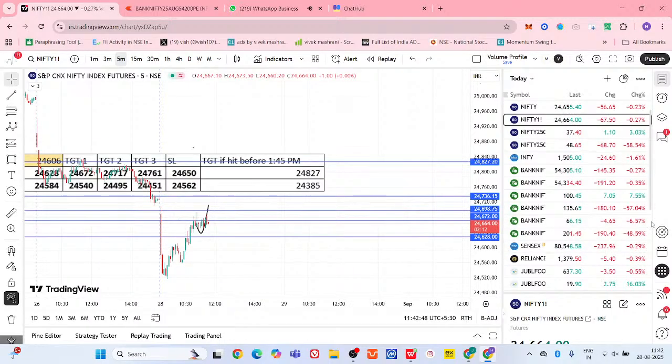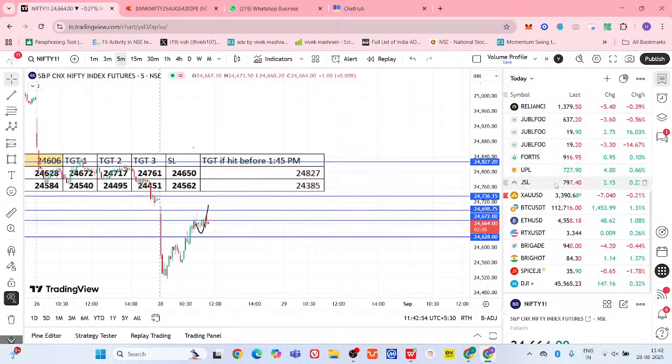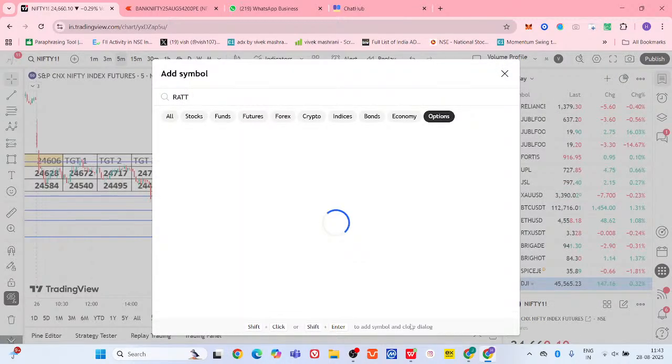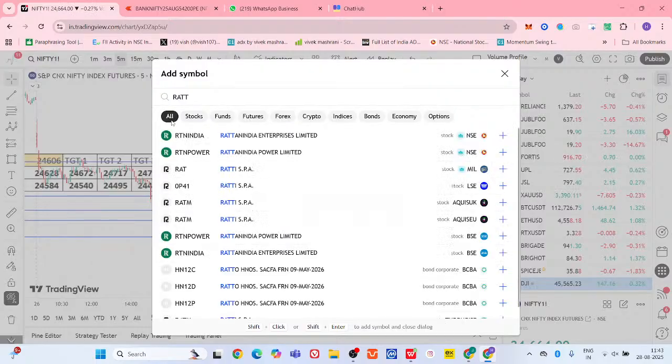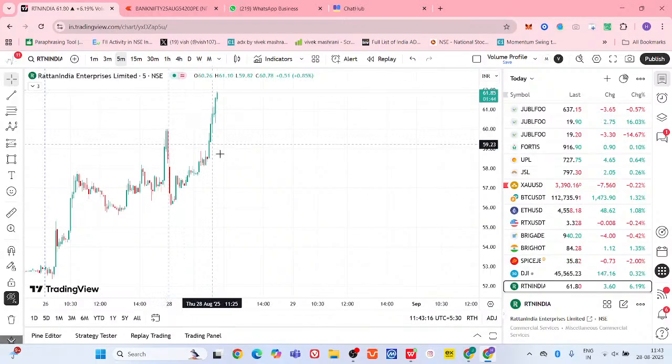Okay, what stocks was I looking at today? I was looking at these stocks: Infosys, Fortis, UPL, JSWL. These are on my radar. Ratan India also I'm holding. Few stocks I have shared in the channel. You can check.